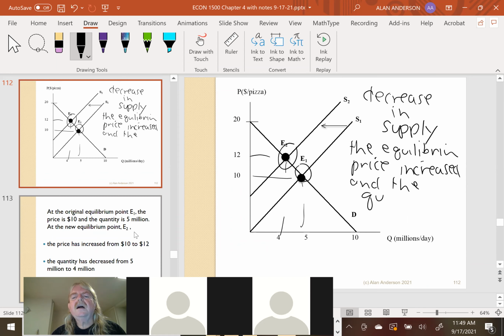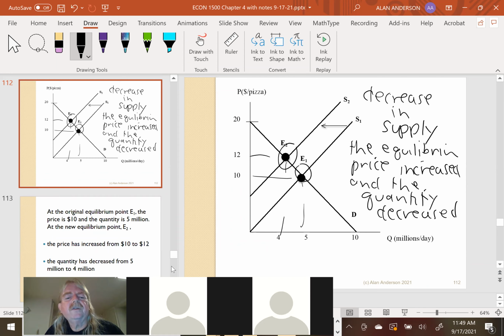This is exactly the opposite of what we want to see, isn't it? So that's a very bad situation for everyone, because the producer is probably losing. Their profits have probably fallen, and we're getting less of the product at a higher price. But when the cost of production goes up, this is exactly what happens.